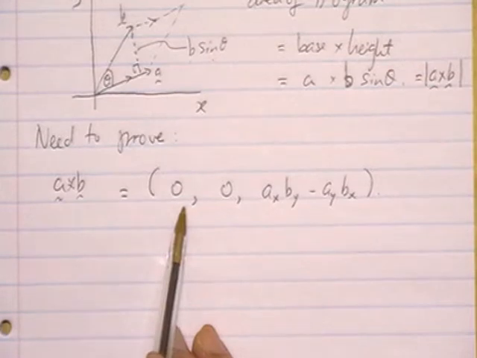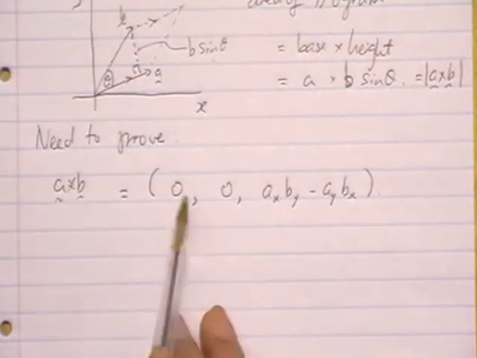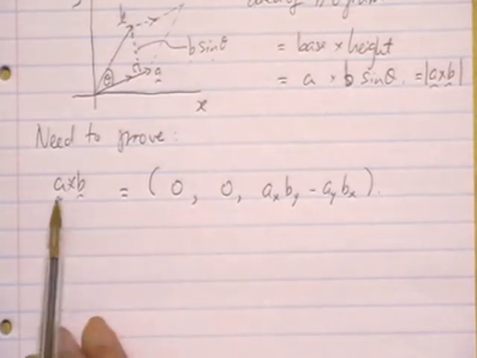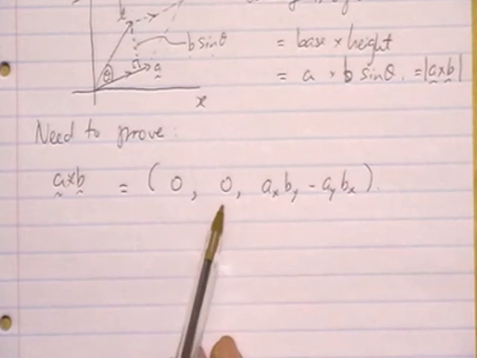Let's see. No, that was how we obtained the zeros, right? Because these are 0 from the formula.